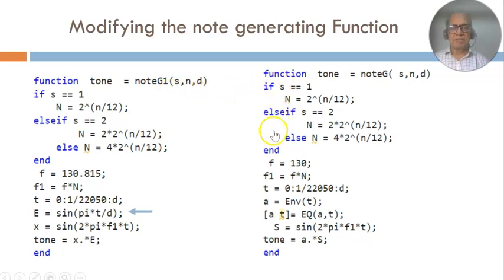Then the rest of the function is identical, except that after definition of the time vector, we now use the envelope function. And remember, this envelope function generates the ADSR.